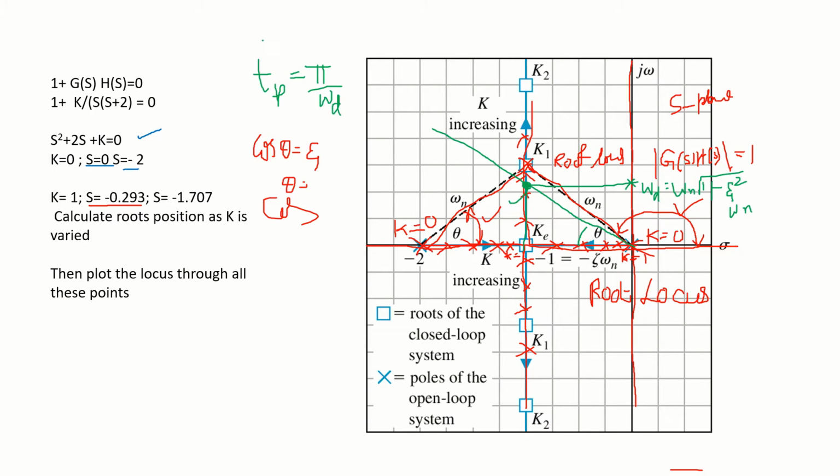Then Ts is 4 by zeta omega n. And Mp, the overshoot, is e to the power of minus zeta pi under root 1 minus zeta square. So all these things we can easily know, right?